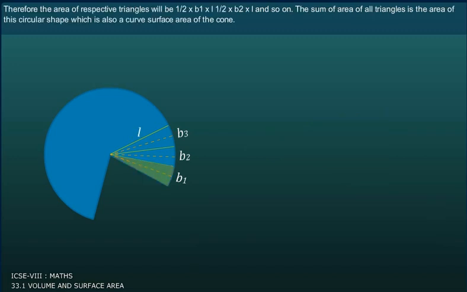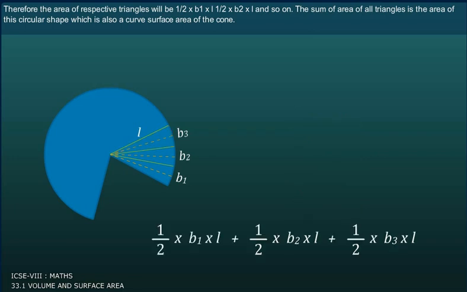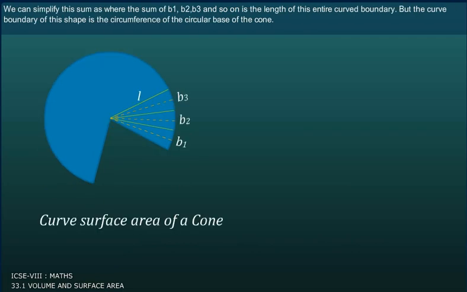Therefore, the areas of the respective triangles will be 1 by 2 multiplied by B1 multiplied by L, half multiplied by B2 multiplied by L, and so on. The sum of the areas of all the triangles is the area of this circular shape, which is also the curved surface area of the cone.